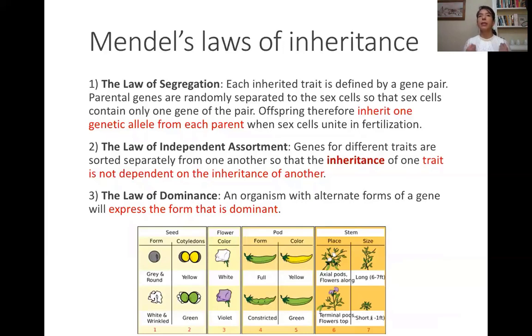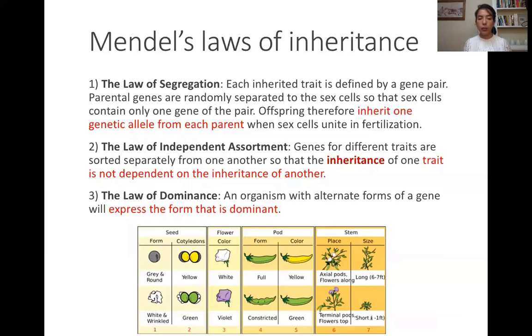Your gametes are going to be the sperm or the eggs. And what this law is saying is that in your sperm or in your eggs, you're going to have only one copy, either the copy from your mom or the copy from your dad.